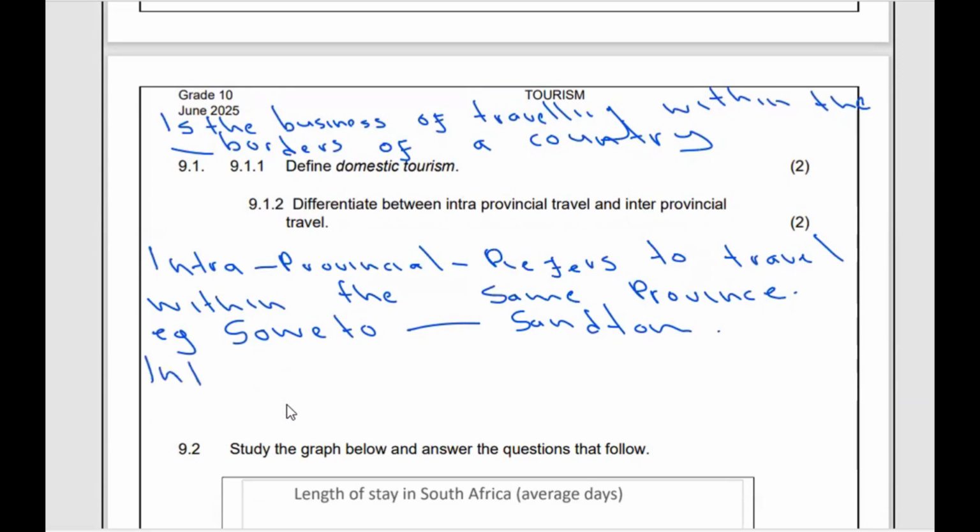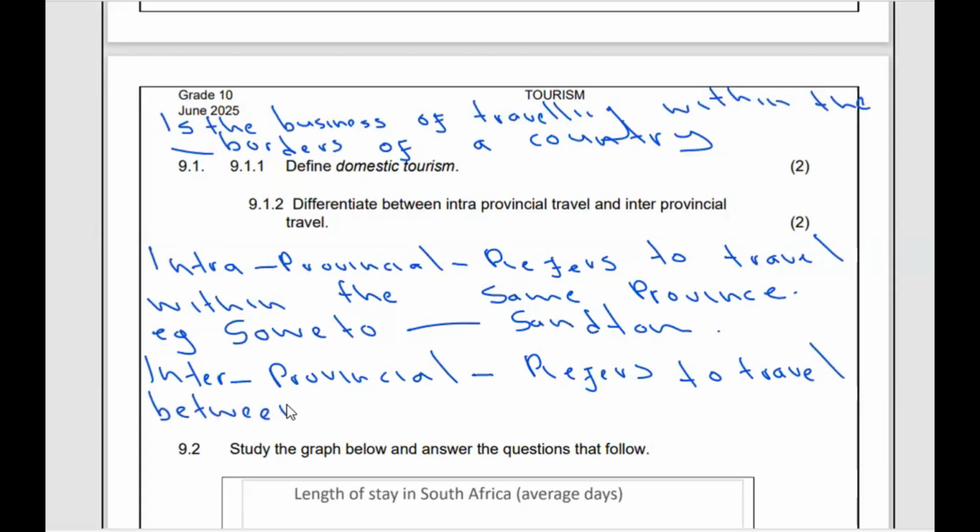Now, when it comes to interprovincial travel, it actually refers to travel between or amongst provinces. Travel between different provinces or amongst different provinces.